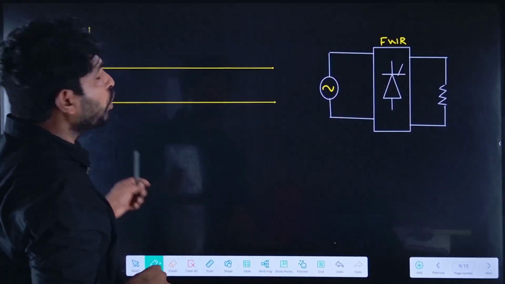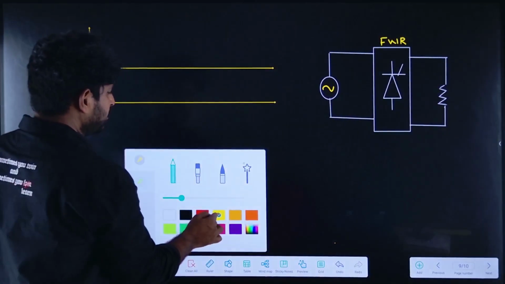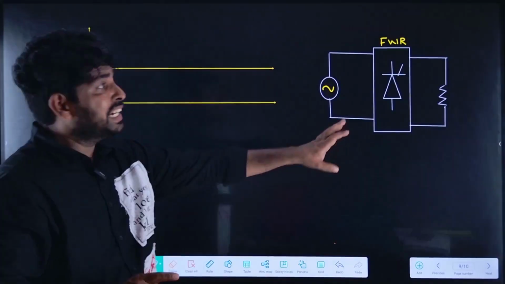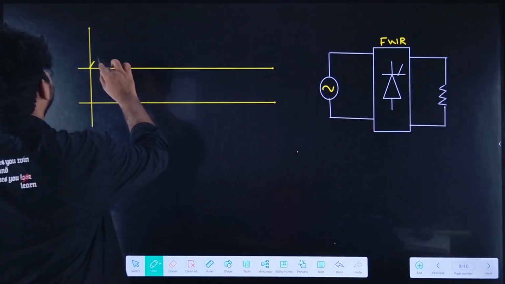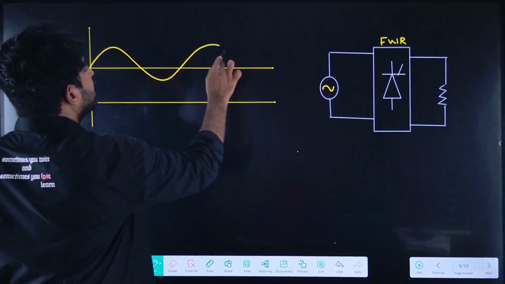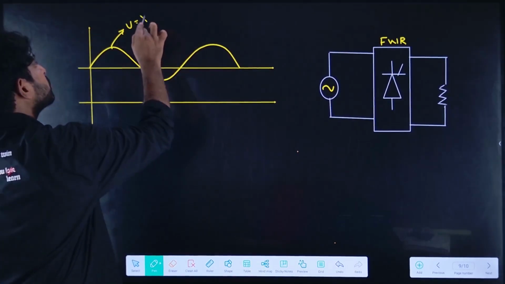If I draw the voltage, how would the voltage be? Let me draw the voltage and current, and let us see whether it is operating at unity power factor or not. For example, the input voltage is equal to Vm sin omega t.